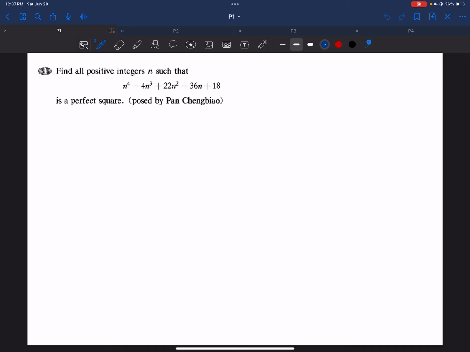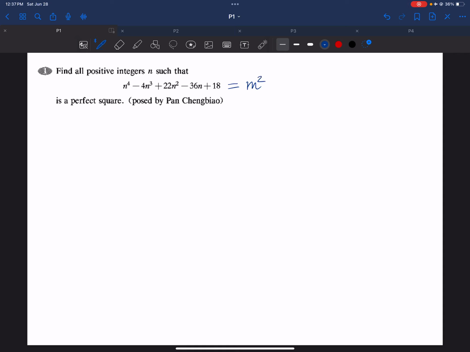So in this problem, we're supposed to find all positive integers n such that the following polynomial expression is a perfect square. Okay, let's start by introducing an integer number m such that this thing is m squared.